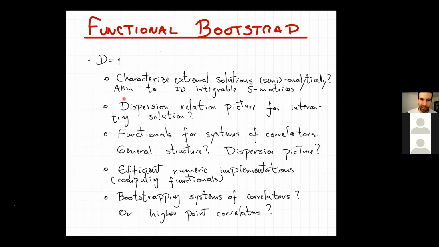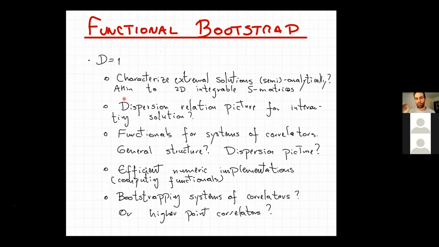And I'm convinced that this general structure will come through this dispersion relation picture, where we should really think of the set of correlators as a matrix which has to satisfy positive semi-definite conditions, and then we will express this matrix in terms of an integral formula which will contain the double discontinuities and some kernel, which will be a different matrix.